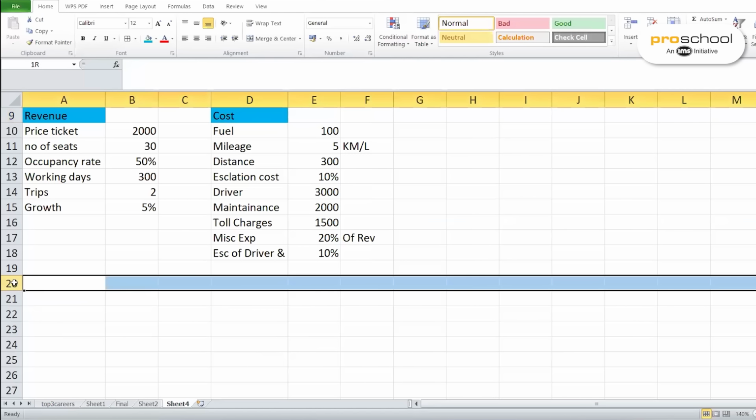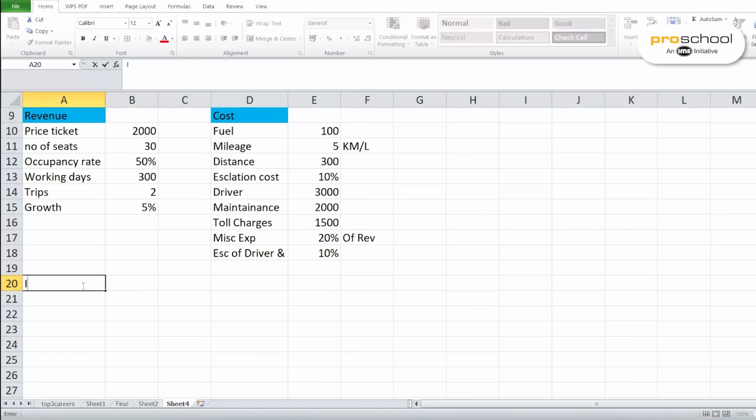So the first thing we have to make is, of course, the income statement, right? So income statement we will make. Then of course we'll make the balance sheet also, and then cash flow, right? So let us make the income statement. Now I hope everybody know the basic format of the income statement.